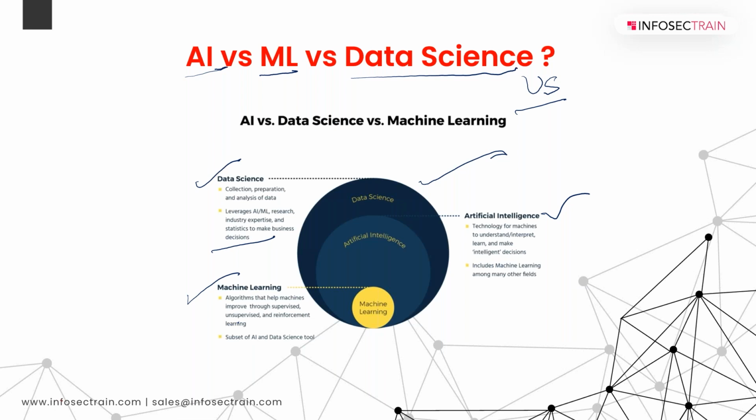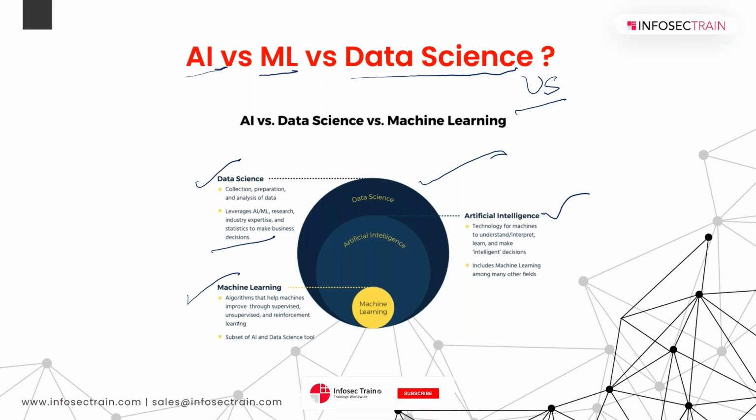Now, let's again go back to our artificial intelligence. Now, what is artificial intelligence? AI has come to be associated only with some futuristic things like robots and machines dominating the world. Now, in reality, AI is far from that.